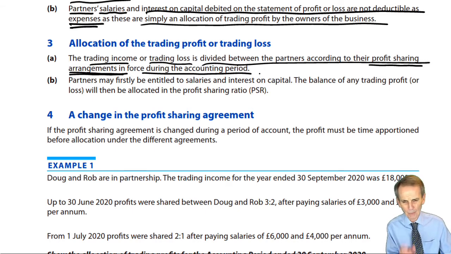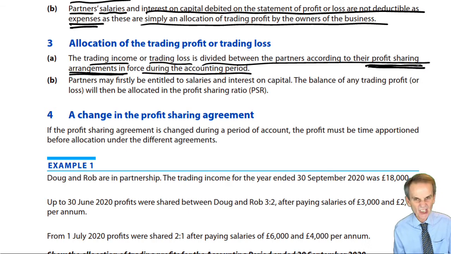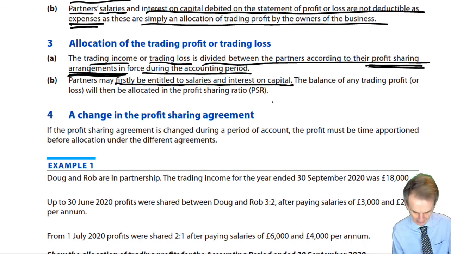It is therefore that profit of the accounting period that is divided according to the profit sharing arrangements in force during the accounting period. Partners may, firstly, as we've said, be entitled to salaries and interest on capital.